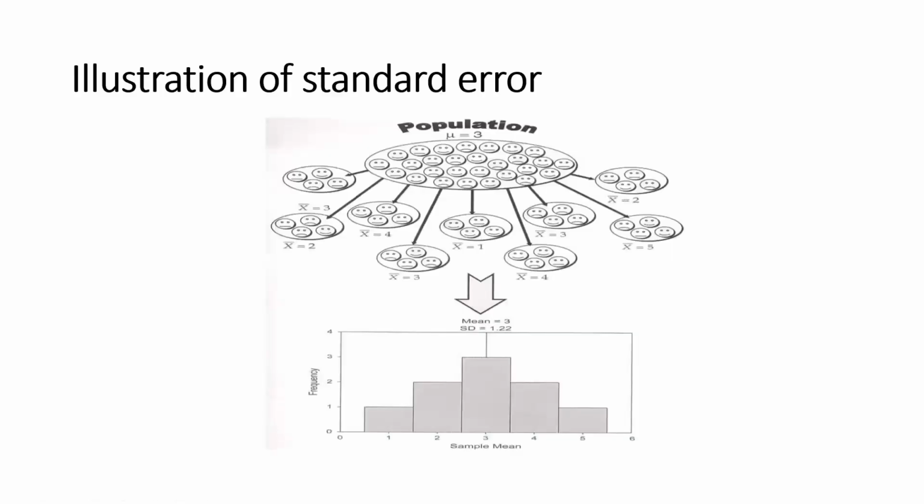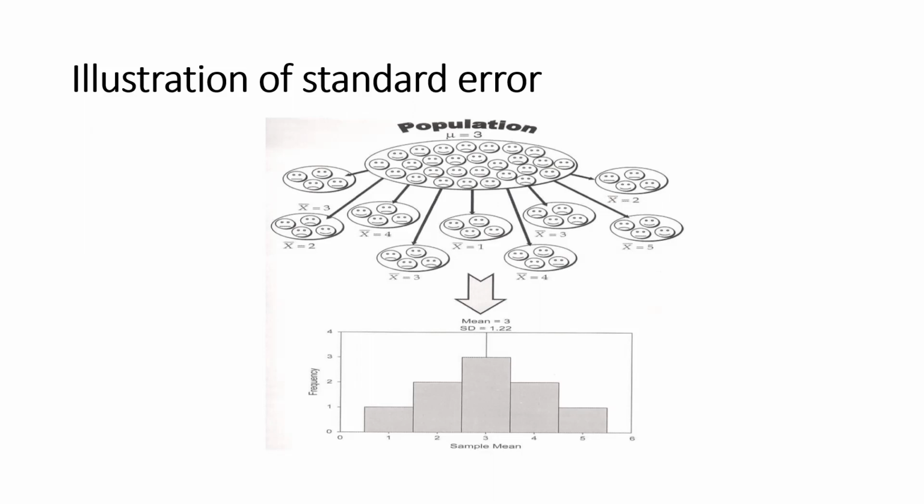So this is the illustration of what I was talking about. This is the population. Mu is 3, so the mean value of this population is 3. And we've taken 1, 2, 3, 4, 5, 6, 7, 8, 9 samples from this population that has a mean of 3.